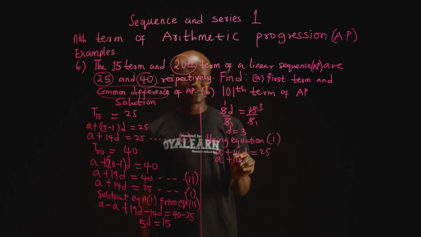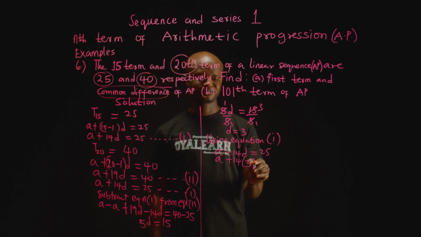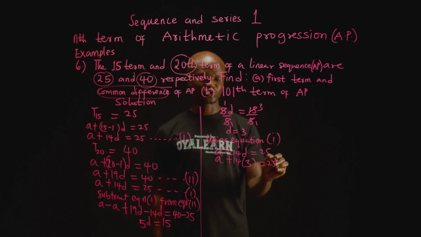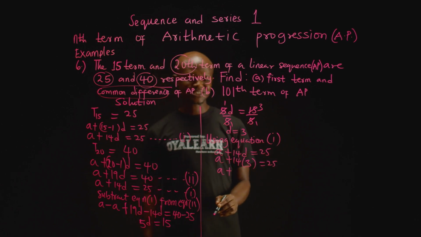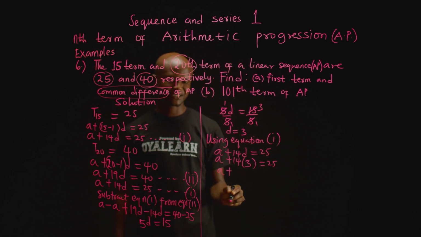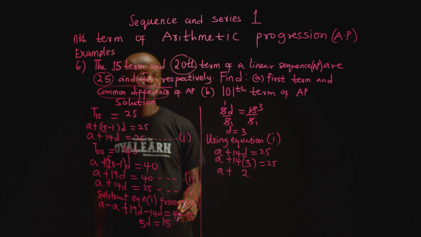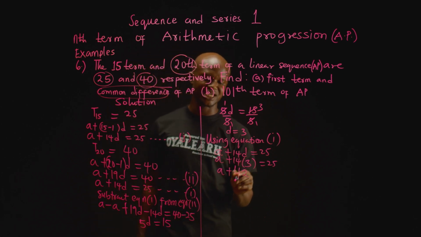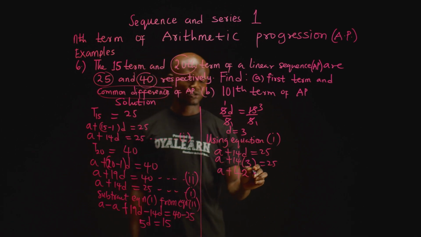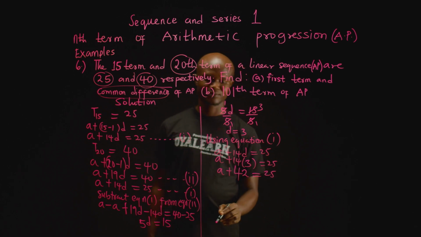Anywhere we see D, we substitute 3. So we have A plus 14 times 3 equals 25. 14 times 3 is 42.